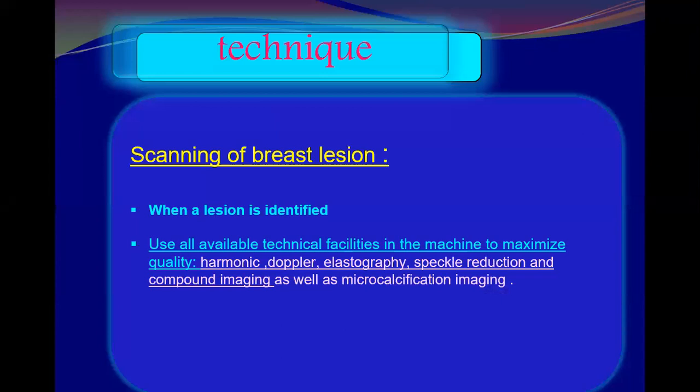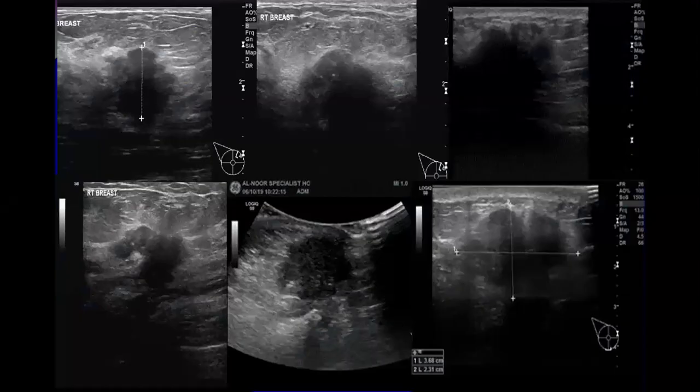Again, when scanning and a lesion is identified, we have to use all available technical facilities in the machine to maximize the quality. We have to use harmonics, Doppler, elastography, speckle reduction, compound imaging, as well as microcalcification imaging, as we described in the previous sessions.